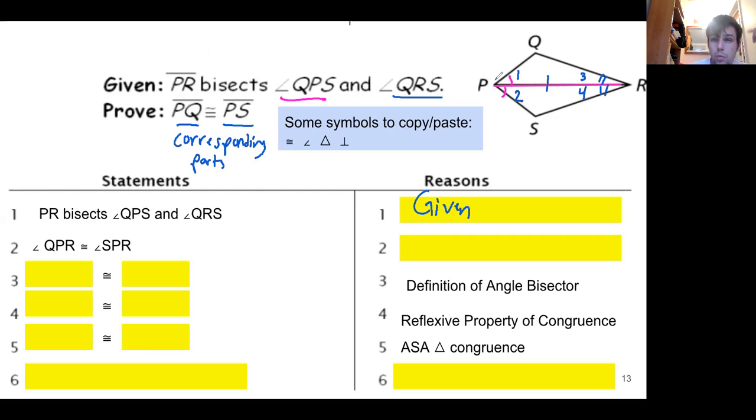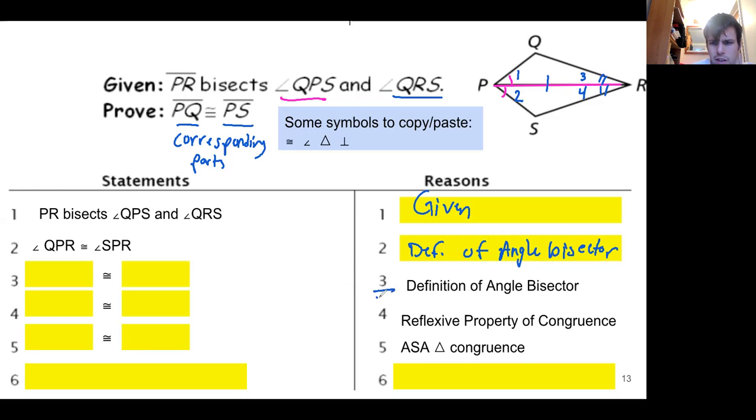Angle QPR is congruent to SPR. That's because we have a bisector, that's because PR cuts it in half, so definition of angle bisector. You could also just say definition of bisect, it's fine too, because to bisect something means to cut it into 2 equal parts.